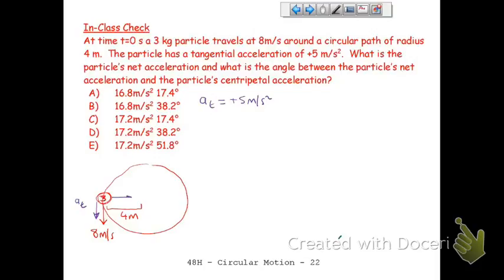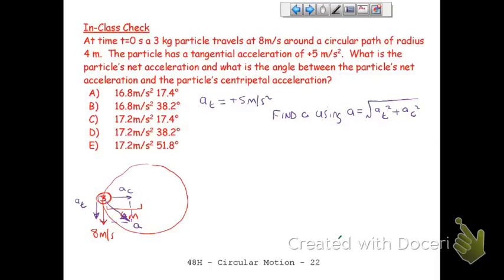Well, there's my centripetal acceleration, and there's my net acceleration, A. Find A using A is equal to the square root of AT squared plus AC squared.